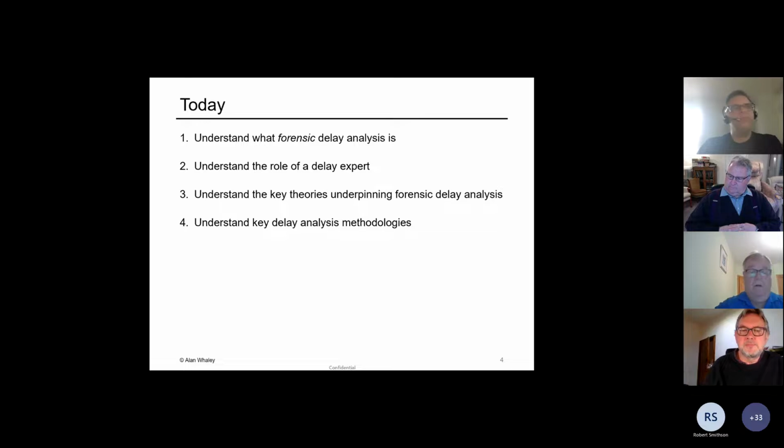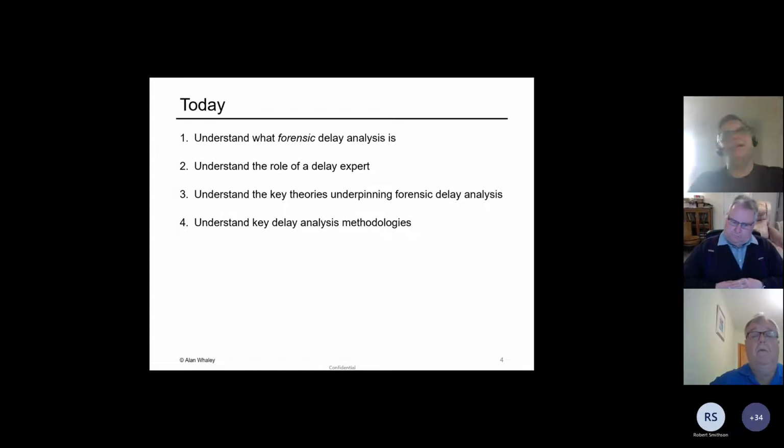We'll then move on to some theory, and unfortunately, we do need to learn some theory to have a proper understanding of the topic. But hopefully you'll enjoy the theory, because if you understand the theory, you can very quickly get to grips with a delay analysis that you've been issued, perhaps by a contractor, or you can appraise the strengths and weaknesses of your own delay analysis just by understanding some key theories.